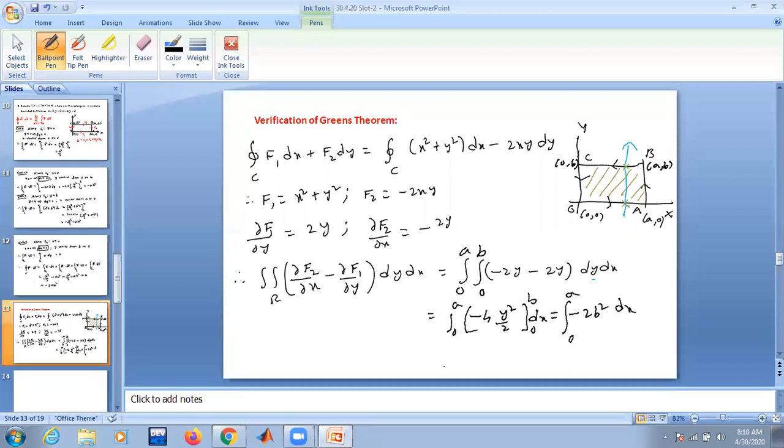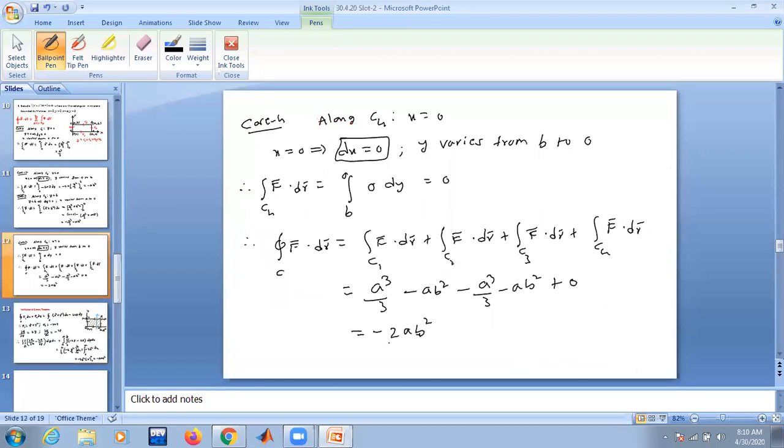Okay, so what is this value? Finally minus 2b square into x with the limits from 0 to a. So the answer is minus 2ab square. Is this the value we got previously? Yes, sir.